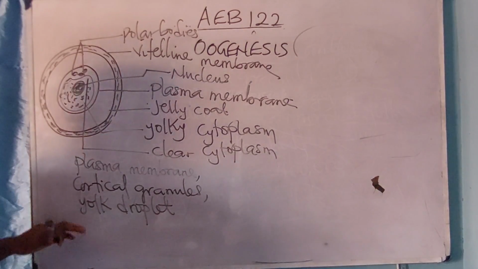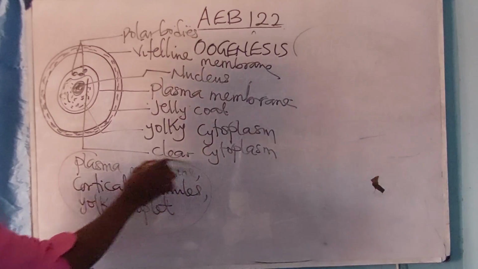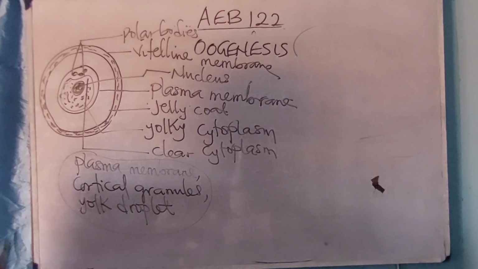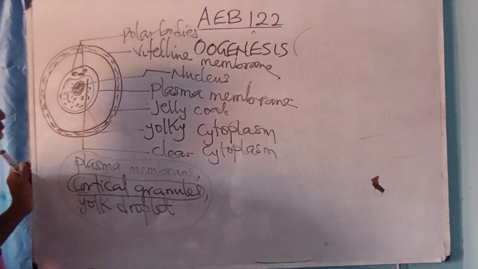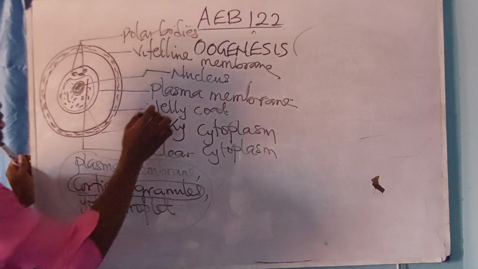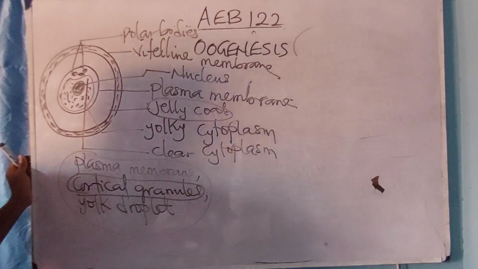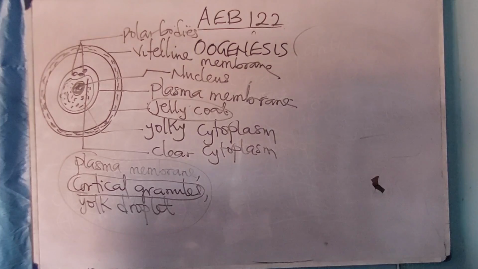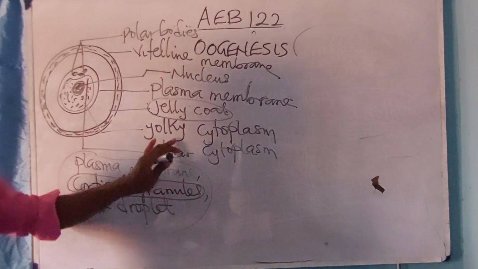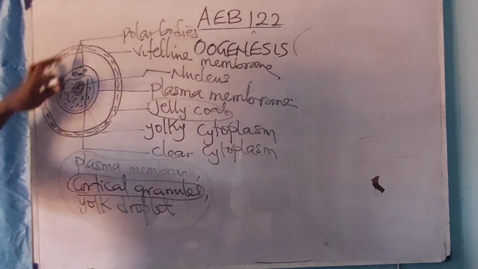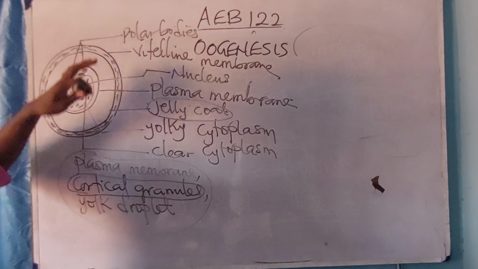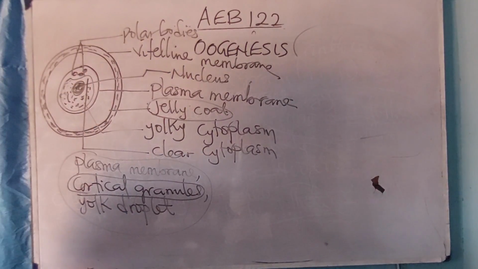Alright, so these are the three major constituents of what? The egg. Now beneath the cortical granules is what? The jelly coat. All right, it is what? The jelly coat. You now have the yolky part. You know that the yolk of this egg is to provide what? Nourishment to this what? Egg. It nourishes the egg, provides what?